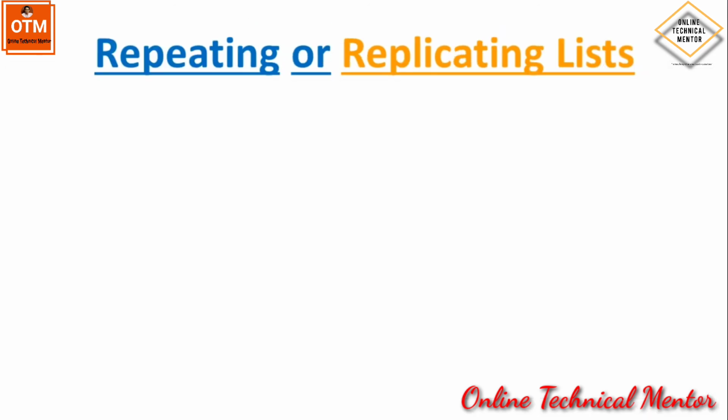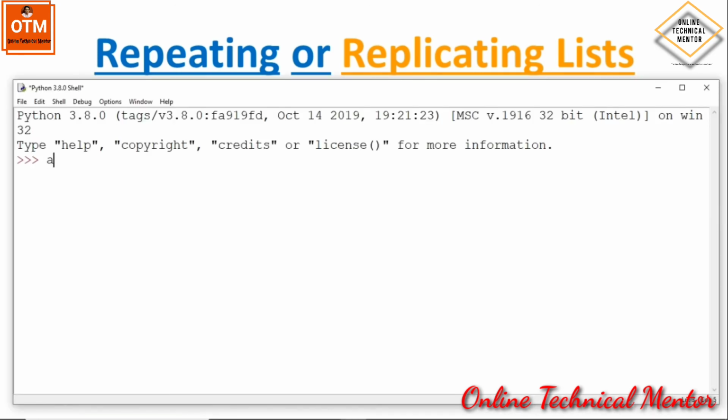Next, let me show you how to repeat or replicate a list. This is done by an asterisk operator. An asterisk operator is used to replicate a list for a specified number of times. Let me show you an example. Let me declare a list as A equal to say 1, 2, 3.